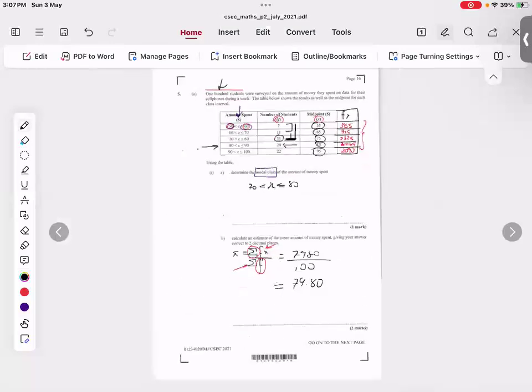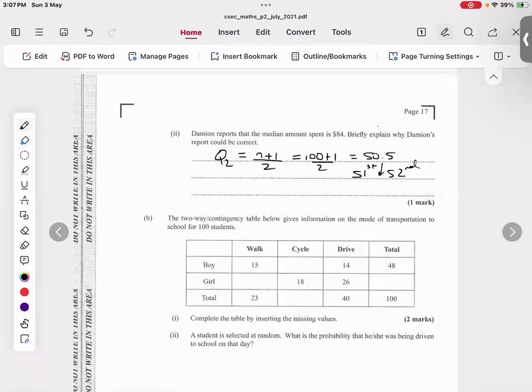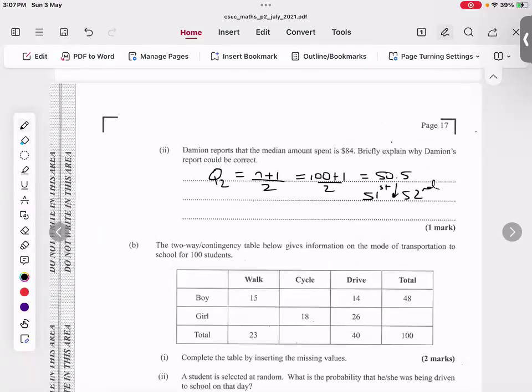So he's correct. How would you explain this? You'd show your calculation here and say that since Q2 is at the 50.5 position, 84 would be a number after the 49th position.